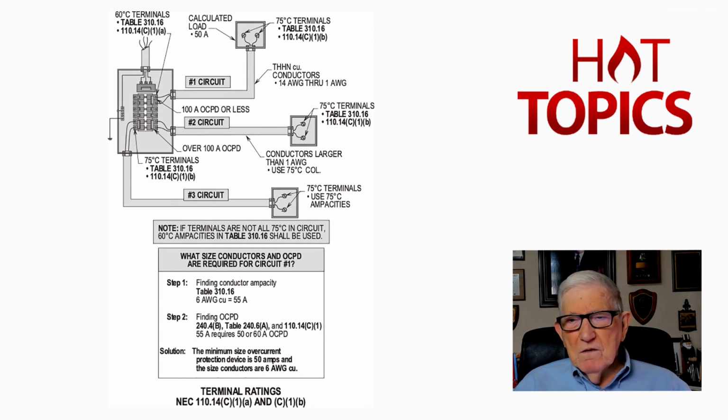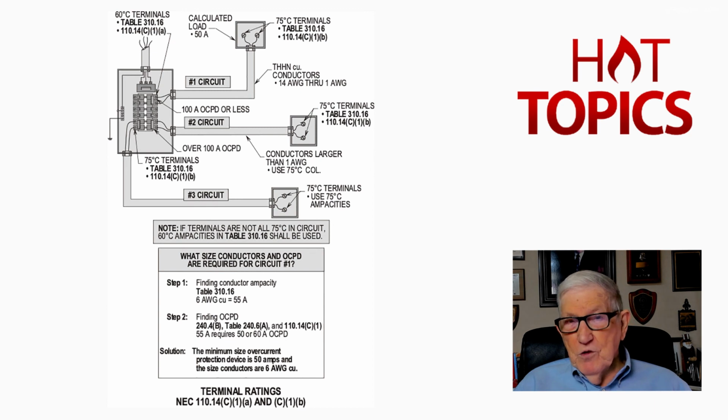So I'd come down and say, all right, now I go to table 310.16, about page 161 in the code, first printing, and you'd say number 6, 55 amps, doesn't exist in the 90 degree column. So you'd slide down here and you'd say, well, now 240.4(B) is in play, along with table 240.6(A) and 110.14(C)(1) terminations.